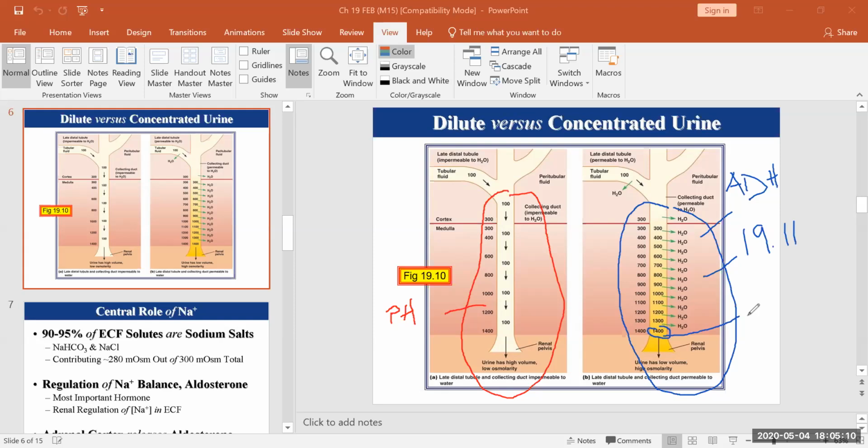So you will lose slightly less than half a liter per day, at least, just to eliminate your cellular waste.